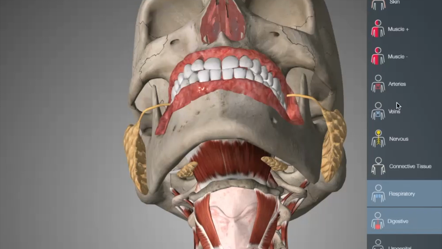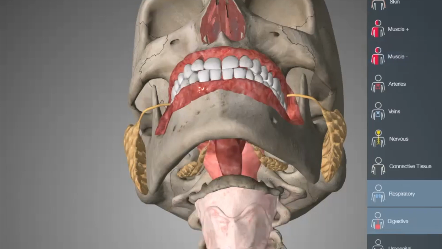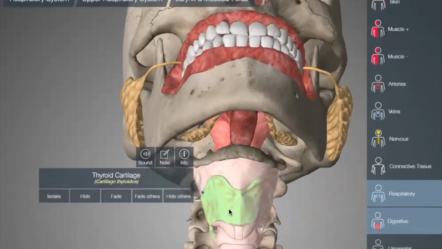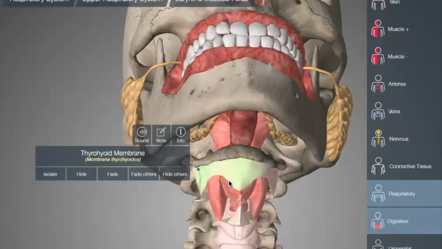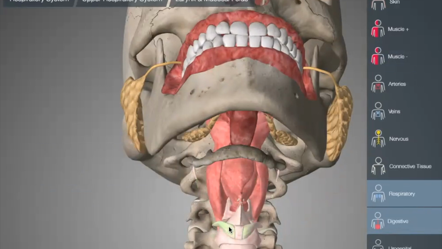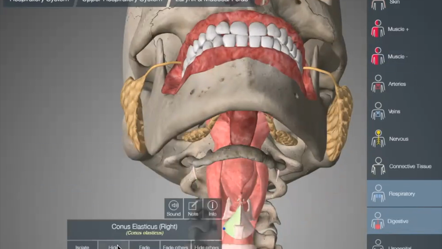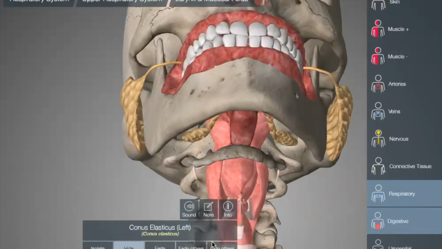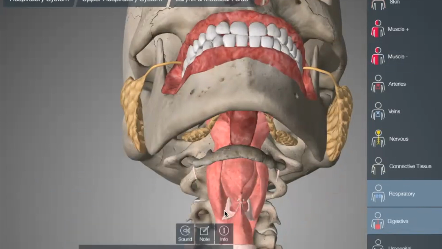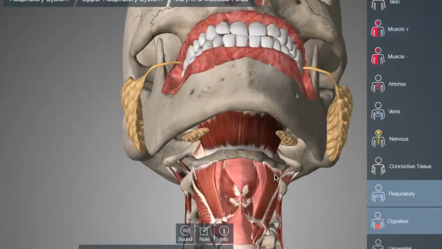So the intrinsic muscles, the ones that we saw here, I'm going to take them out bit by bit. Let's increase it a little bit here.